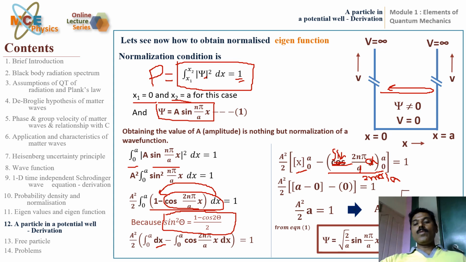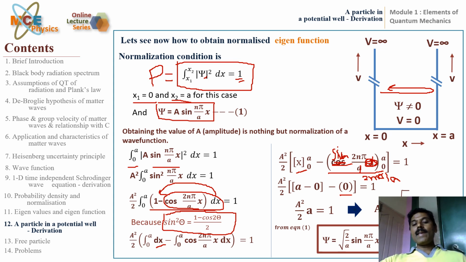For all values of n, where n is an integer, sin 2n pi becomes 0. That means by putting the upper limit, you will get sine function 0. For the lower limit, if you write 0 in the place of x, it becomes sin 0, which is also 0. That means for both the upper and lower limits, the sine function takes 0 value. That is what we have written.